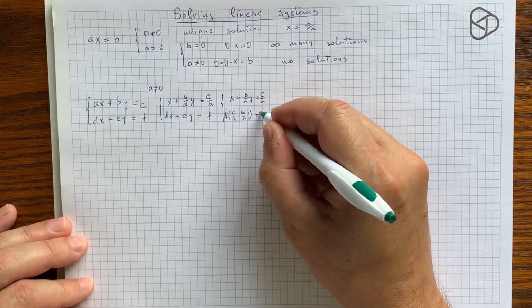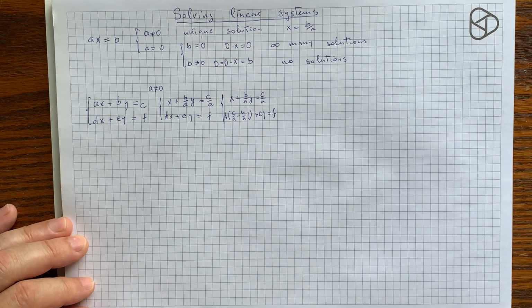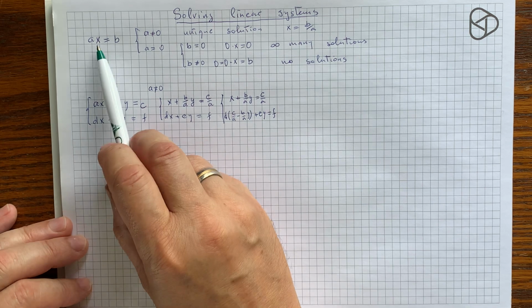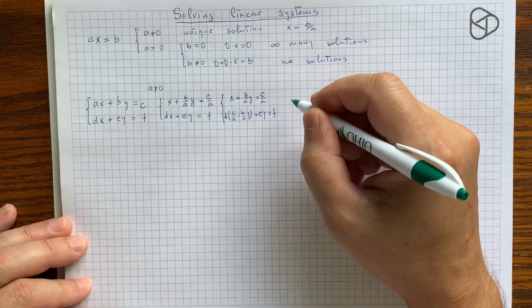And then we have an extra copy of y with its original coefficient, and then the right-hand side. So then we can just rewrite the second equation as an equation of y, and we will be in the previous case of just one equation on one unknown, which is easy to solve.